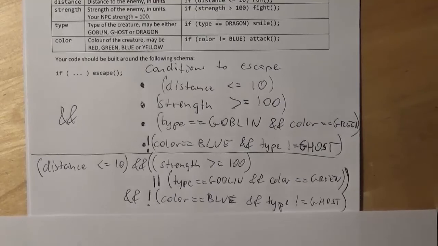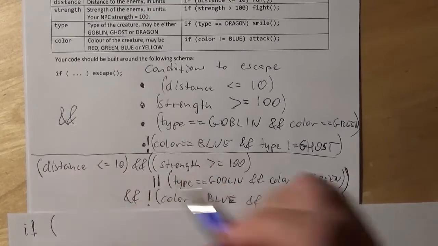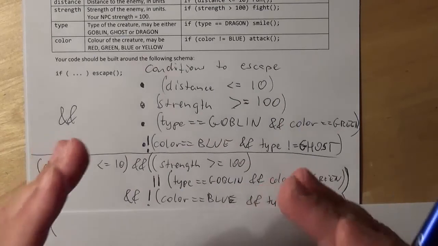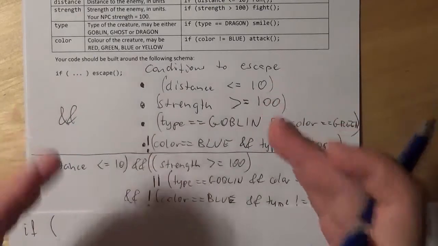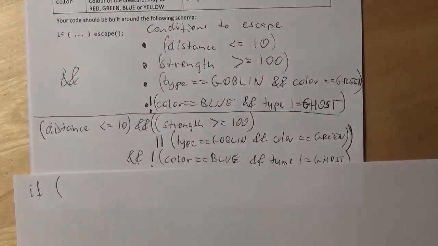The final thing to do will be to write a C++ statement. If I will simply rewrite this condition, remembering that in C++ every condition must be in bracket, so one more pair of brackets.